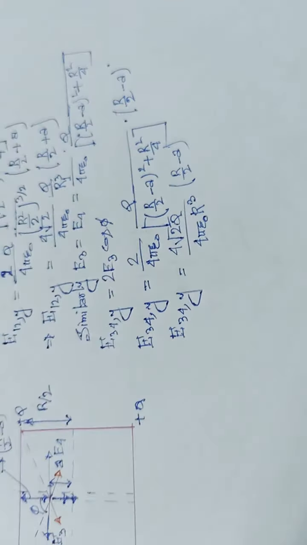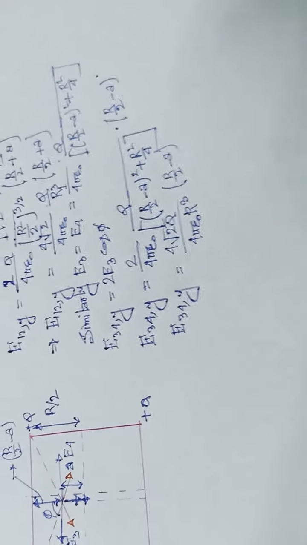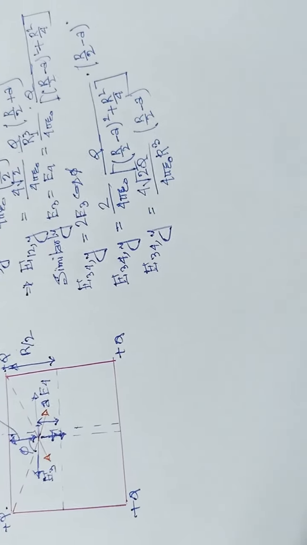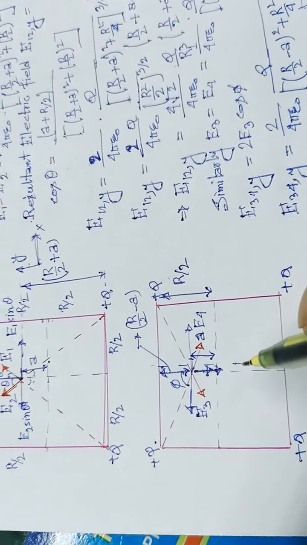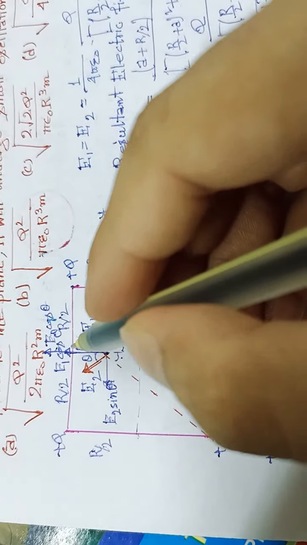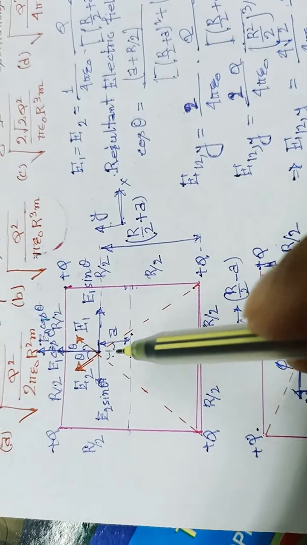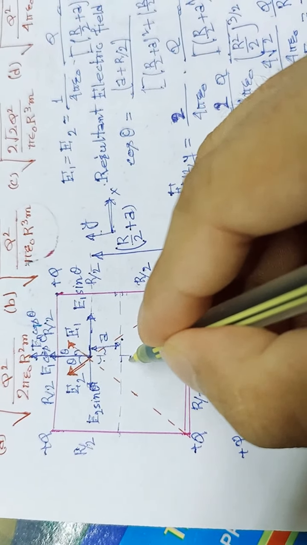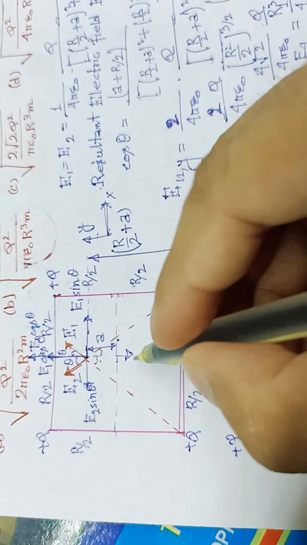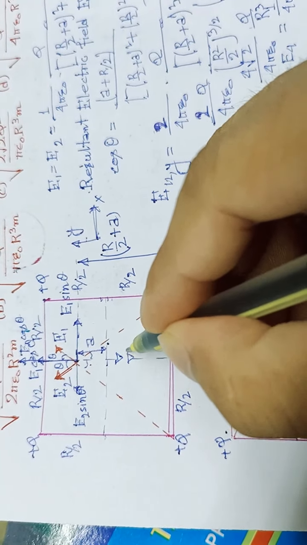Now the resultant electric field will be, as we are seeing that the net electric field for these two corner charges is upward directed, and for these two corner charges there is an electric field which is directed in this direction.